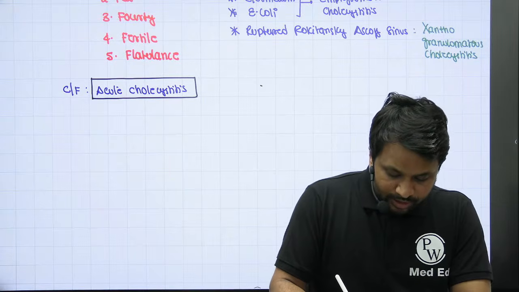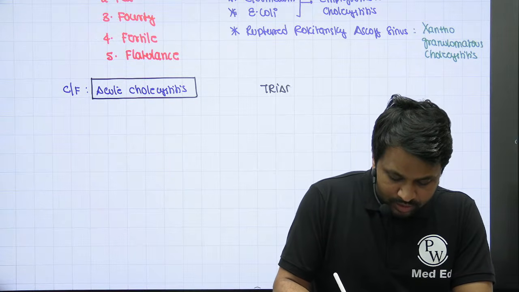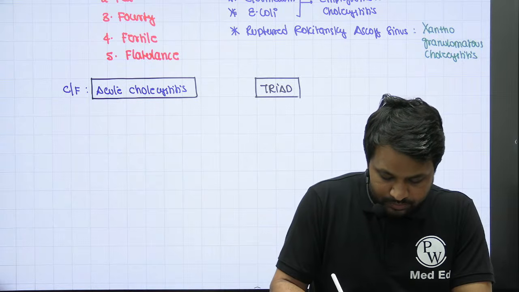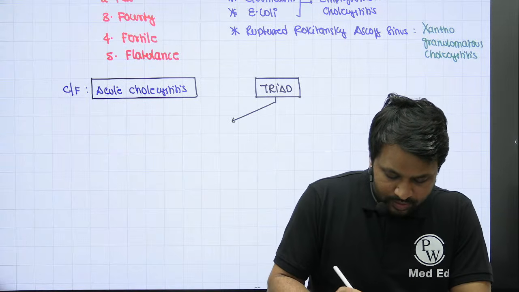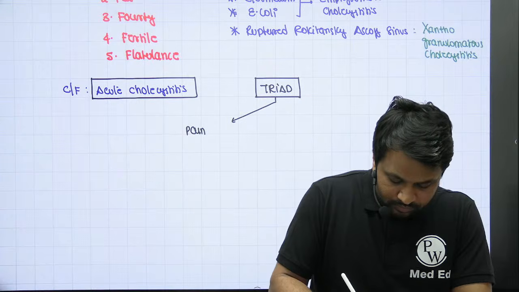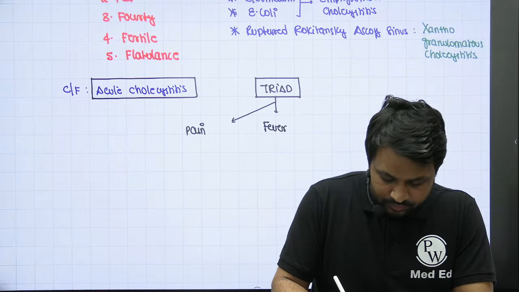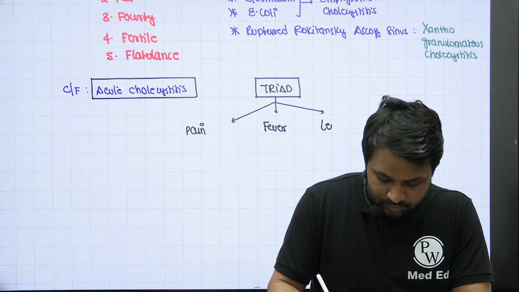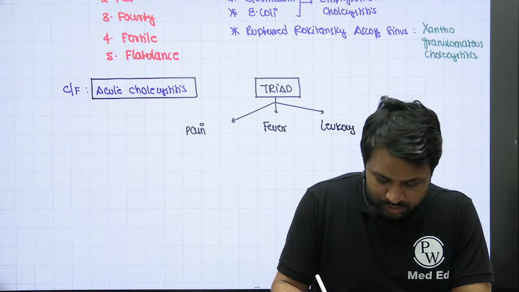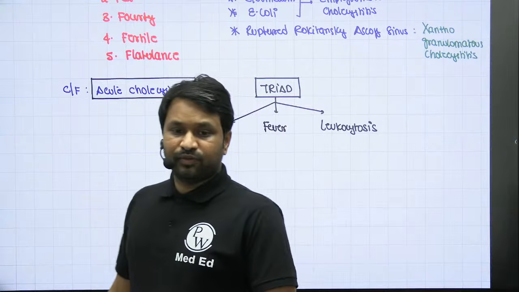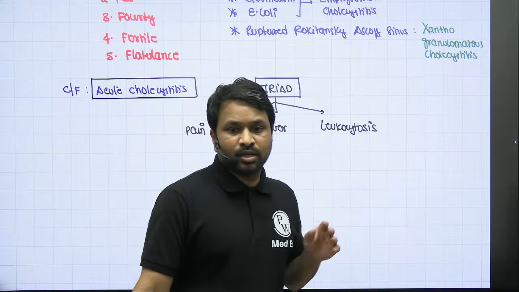The triad for acute cholecystitis is going to be pain, fever, and leukocytosis. This is going to be pain, fever, and leukocytosis.